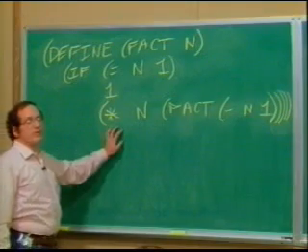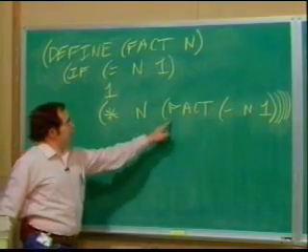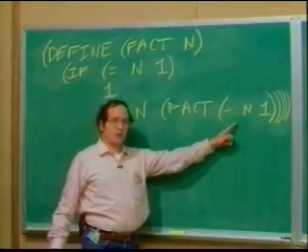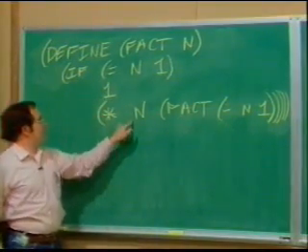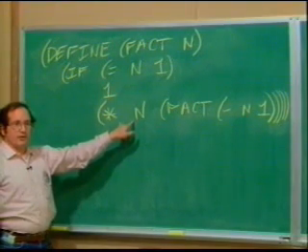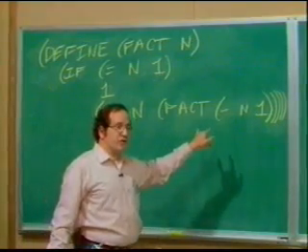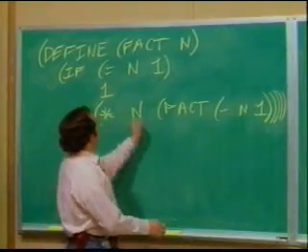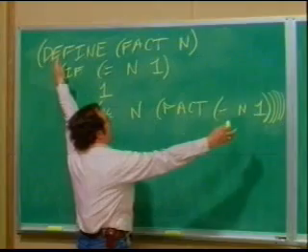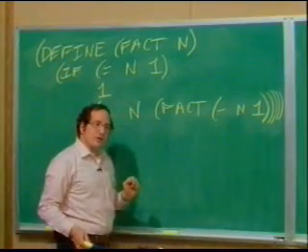And what's different about this program, as you know, is that after I've computed factorial of n minus 1 here, I have to do something to the result. I have to multiply it by n. So the only way I can visualize what this machine is doing is to think of it this way: I have a machine out here which somehow needs a factorial machine in order to compute its answer.